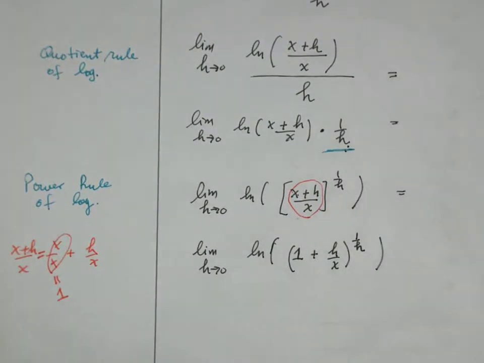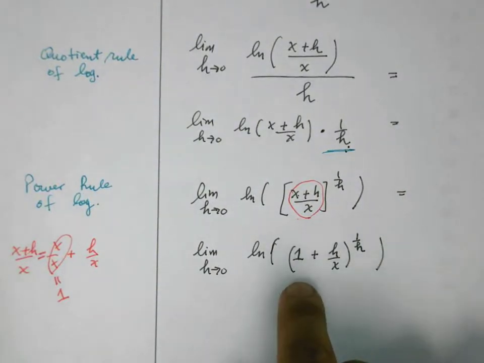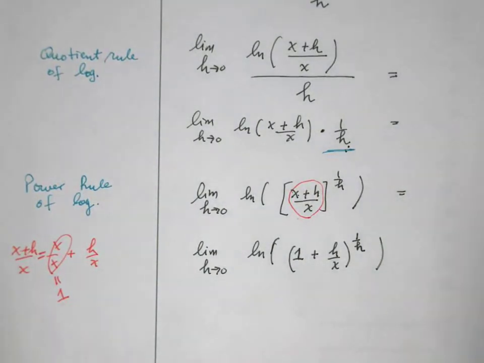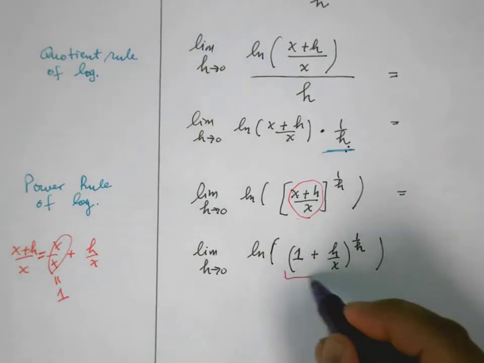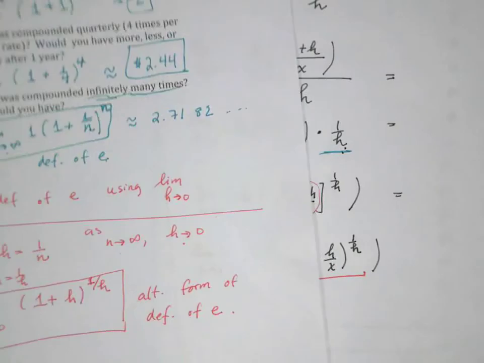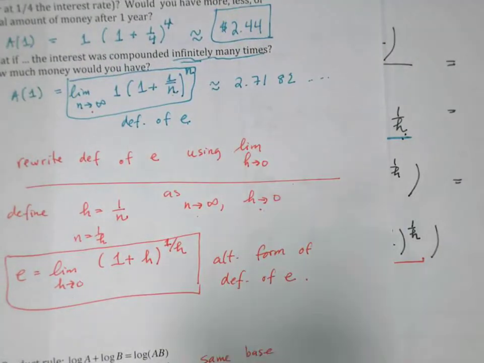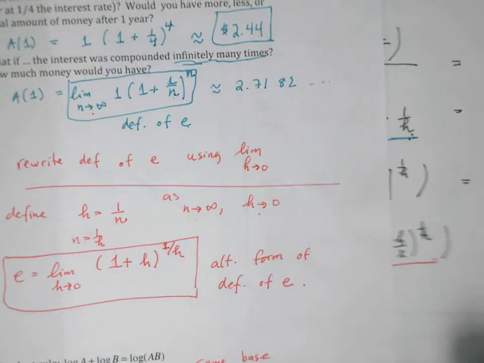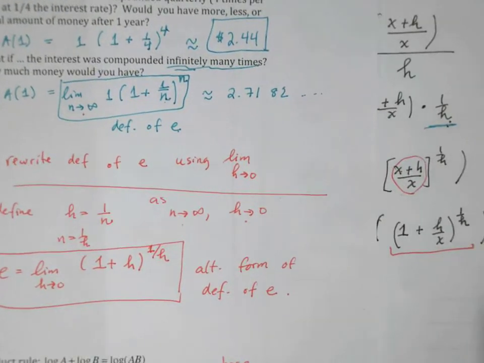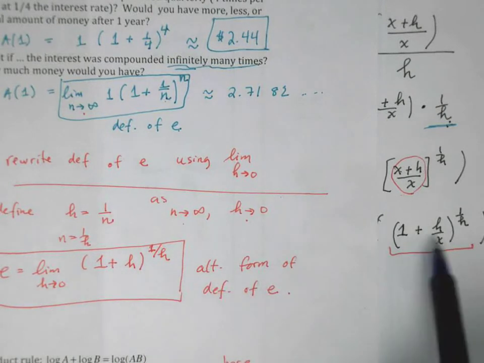And at this point, if you look at this expression, or at least the stuff inside here, hopefully this will remind you a little bit of e, or at least the alternate form of e that we did in the last video. Now it's not exactly the same. On the one hand you have 1 plus h, here we have 1 plus h over x.